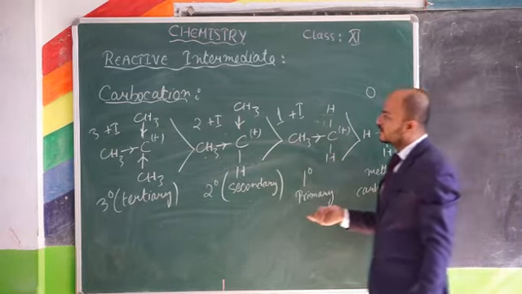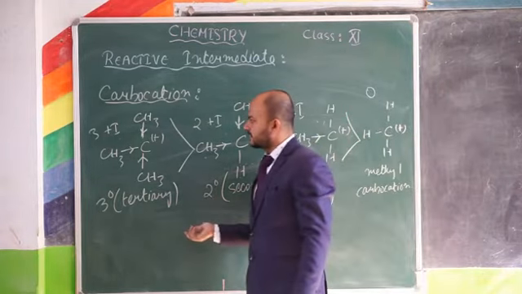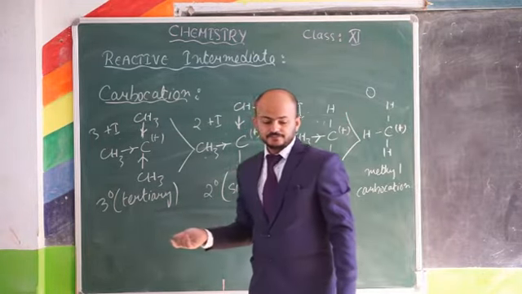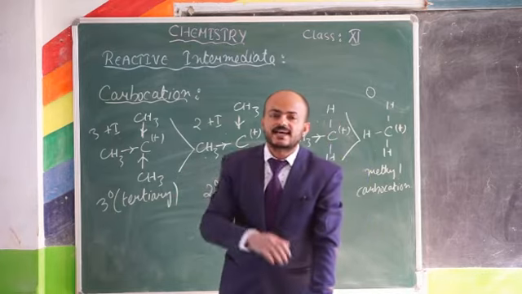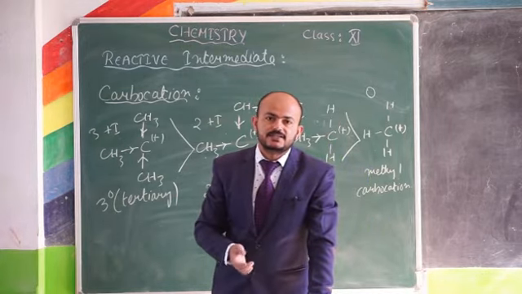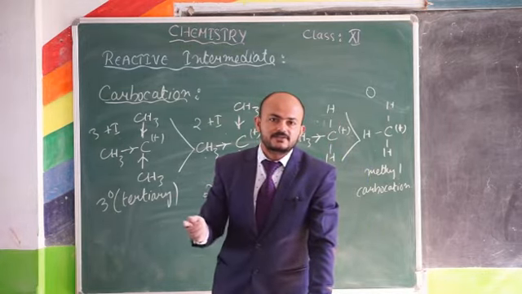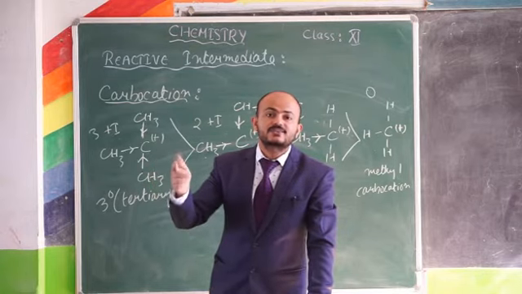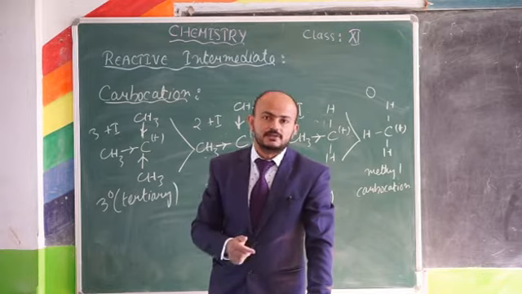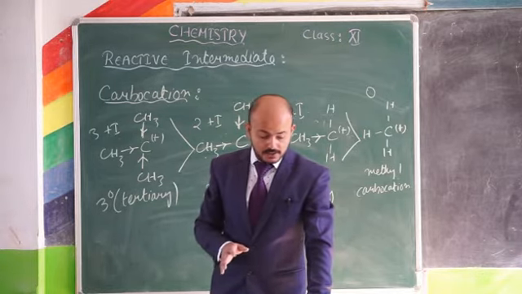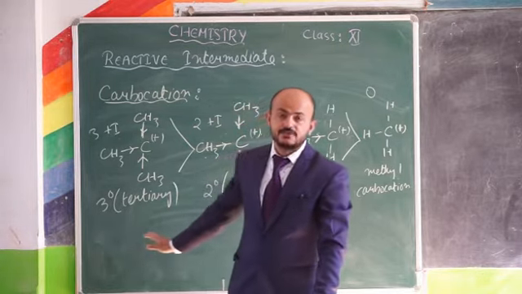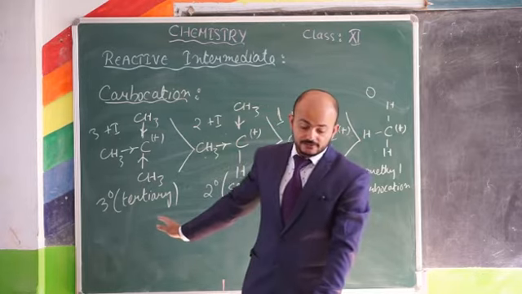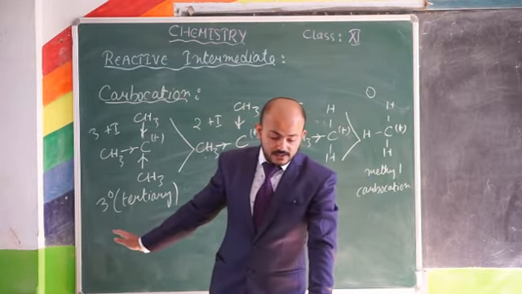This is the stability order of carbocation. Now, if you have minus I effect showing groups, then the more minus I effect showing groups attached to the carbocation, the less stable it would be. You have to remember this trend and the reason why this trend is followed.